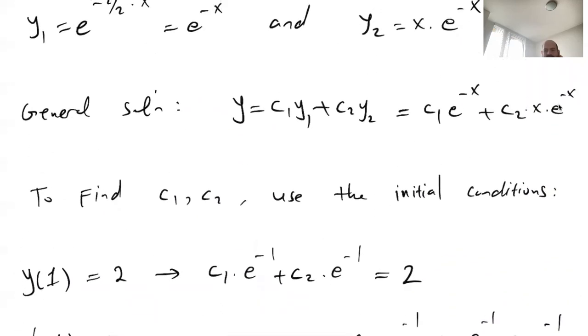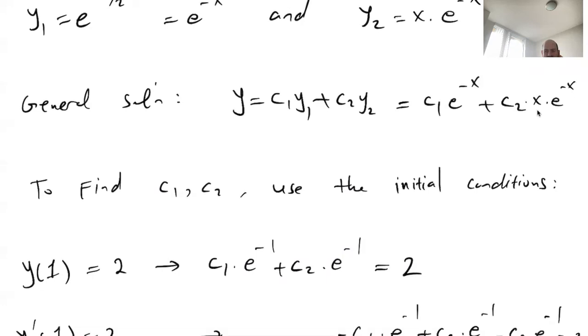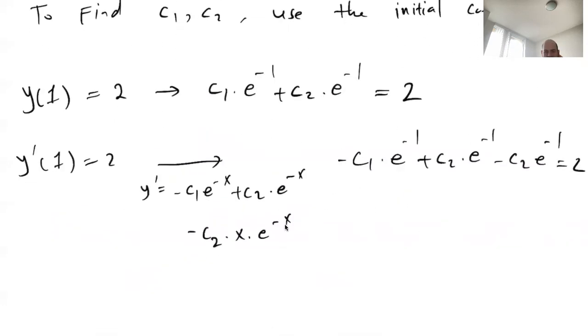And then the derivative of this function is minus e to power minus x times x, minus e to power minus x times c2. And then at 1, it will give me minus c1 e to power minus 1 plus c2 e to power minus 1 minus c2 e to power minus 1 equals 2.